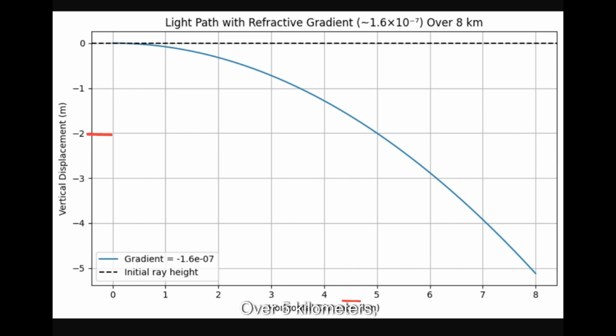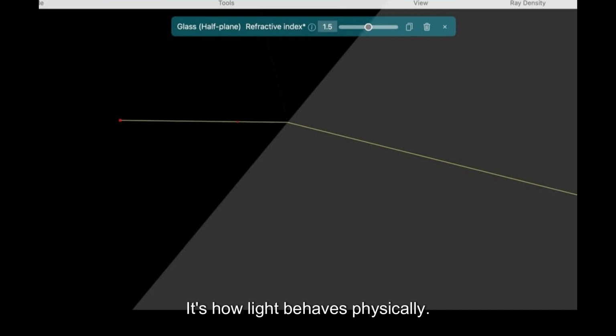Over 5 kilometers, the deviation is about 2 meters. And this bending grows exponentially. This effect can be precisely calculated using a refractive gradient of 1.6 times 10 to the power of -7 and Fermat's second-order differential equation. It's not an illusion. It's how light behaves physically.